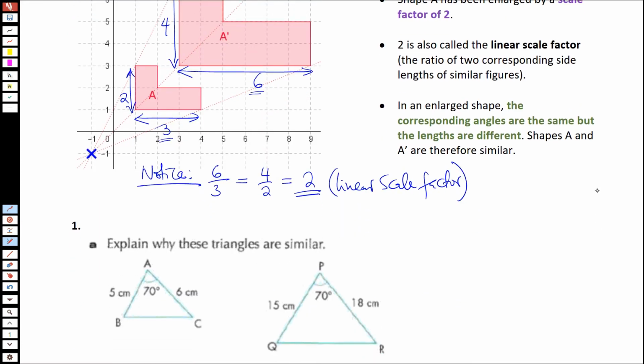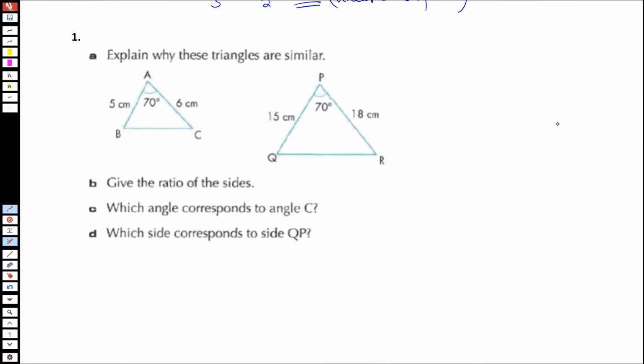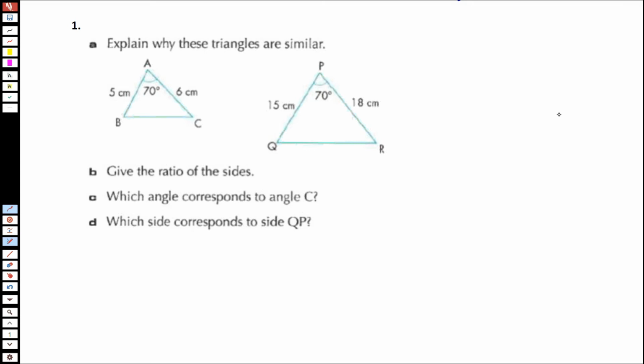Okay, so let's see how we can apply this in some problems. In number 1, explain why these triangles are similar. Basically what you have to do first is look at the corresponding lengths. So that length there corresponds to that, and maybe that length there corresponds to that.